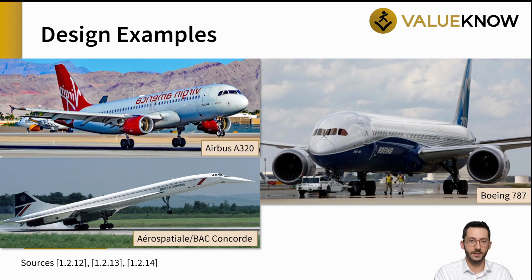Its delta-wing design and powerful afterburning engines enabled this remarkable speed, although its high operating costs and environmental concerns ultimately led to its retirement in 2003. The Concorde remains a symbol of advanced aeronautical engineering and the peak of supersonic passenger travel.